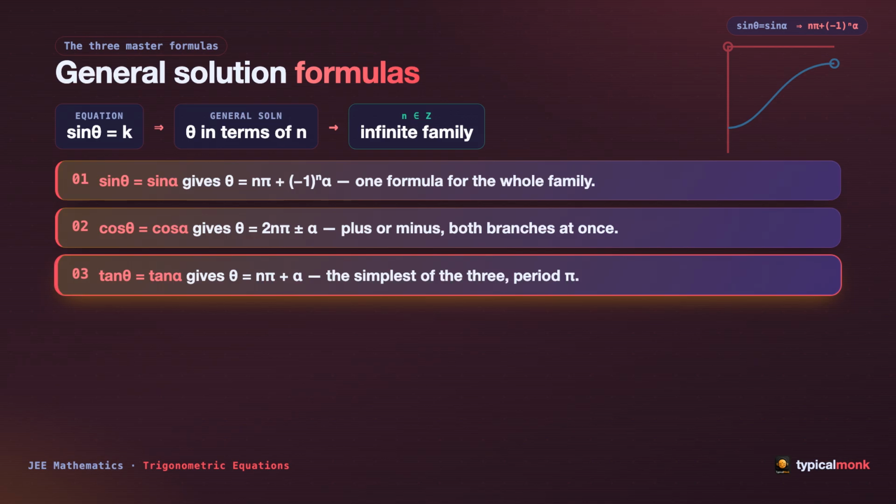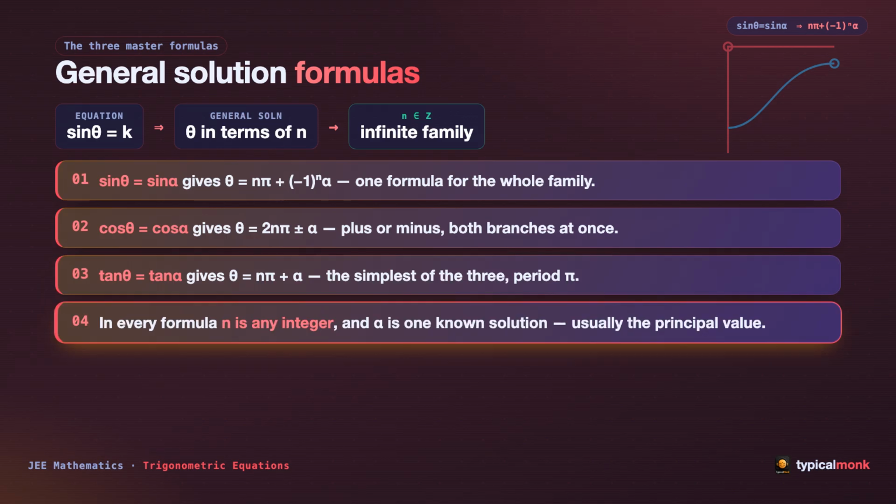Third, when tangent theta equals tangent alpha, the general solution is theta equals n pi plus alpha, the simplest of the three, because tangent repeats every single pi, not every 2 pi. And in every one of these formulas, n is any integer, and alpha is just one known solution, usually the principal value you already found.